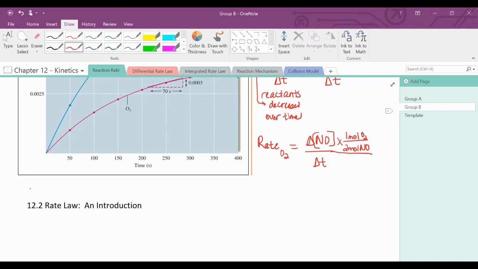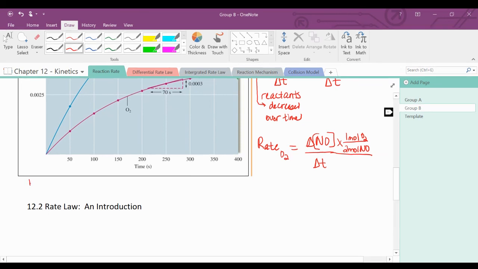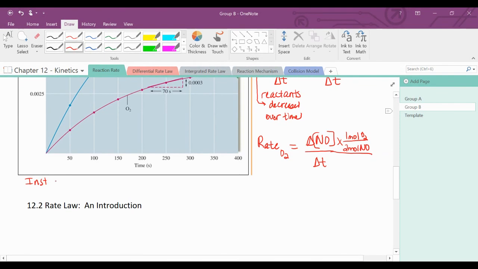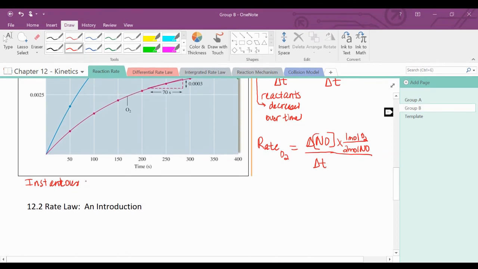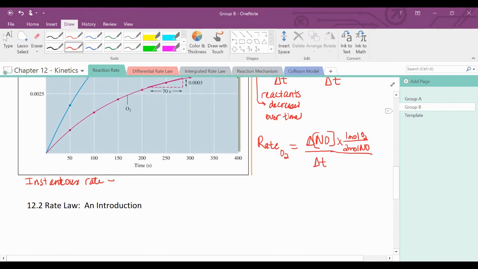All right, and then one last vocab term for this section is instantaneous rate. And here we're looking at the rate at a particular time.